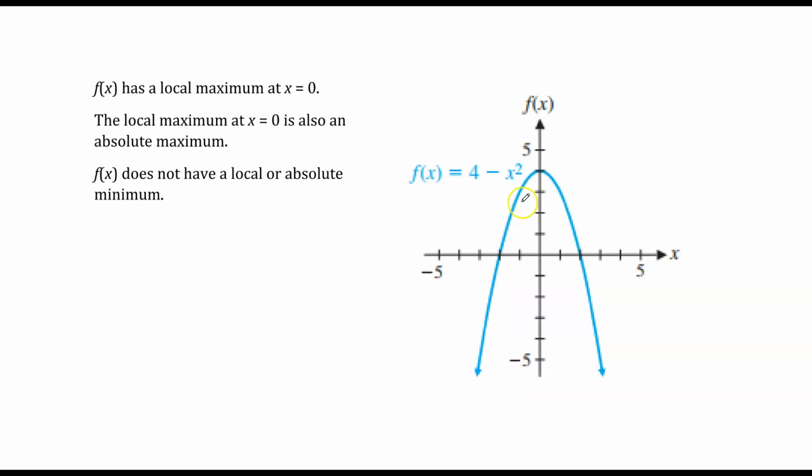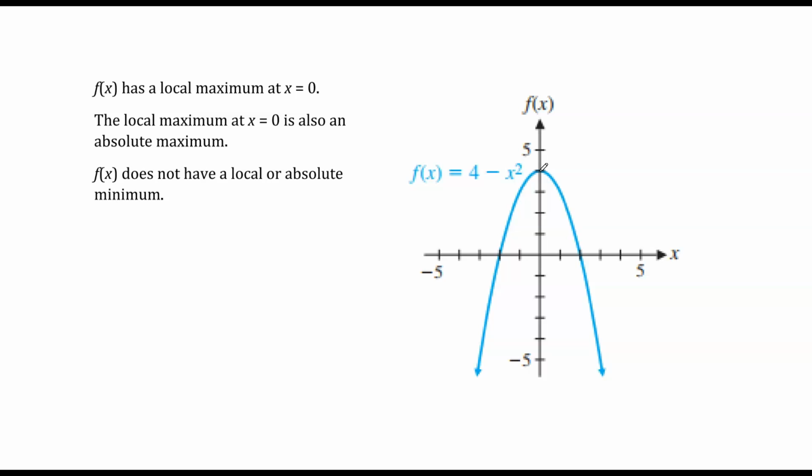Now, for this example, we have a parabola that's facing downwards, and this is the graph of the function f of x equals 4 minus x squared. At around x equals 0, this point here is a local maximum. And moreover, this is the absolute maximum, because in the entire domain of your function, this is your highest point.